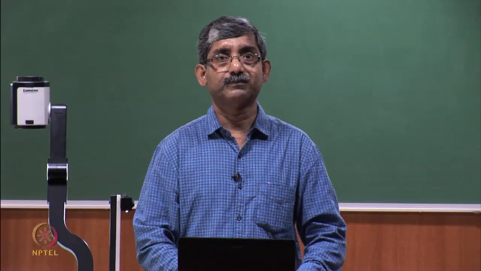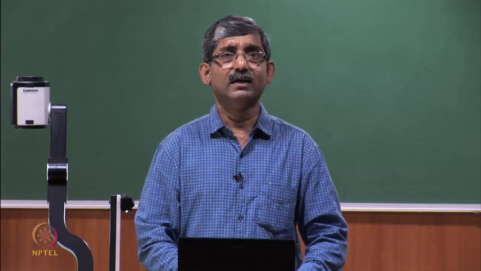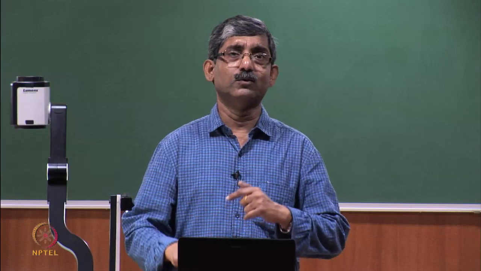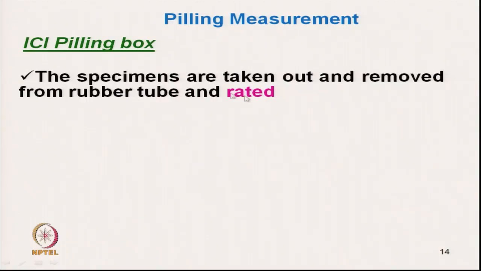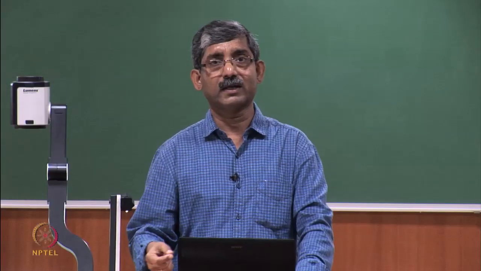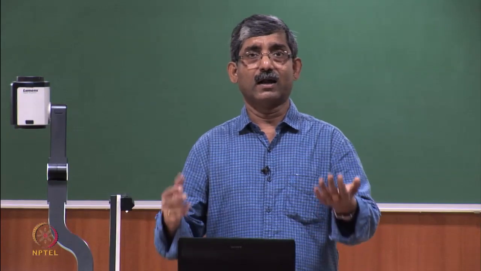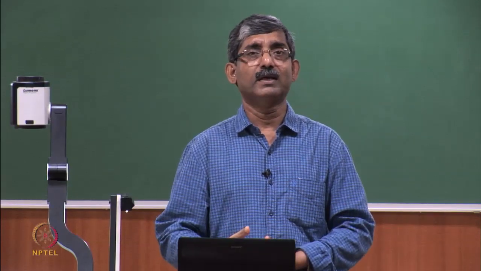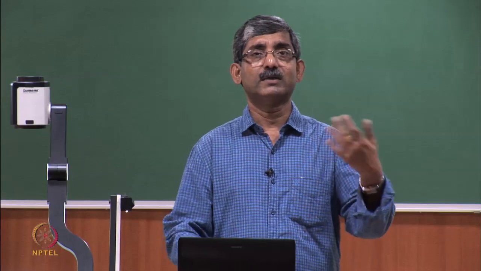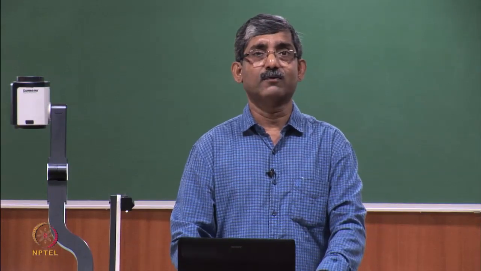We can allow it to rotate for a certain time, and the specimens are then taken out and removed from the rubber tube. Then the stitches are removed, and the flattened fabric sample is rated using the standard photograph.